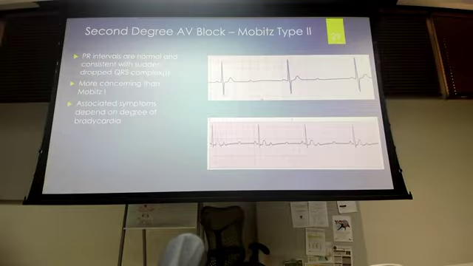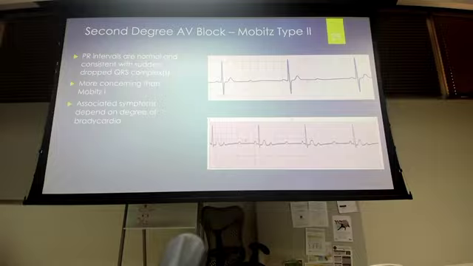So the PR interval looks okay, but just spontaneously we get these dropped QRS complexes. You can imagine, depending on how many QRS complexes are dropped in a row, will depend on the rate of this patient's heart rate and the degree of their symptoms.